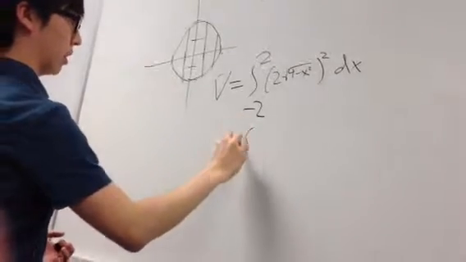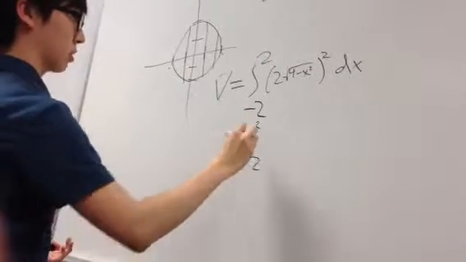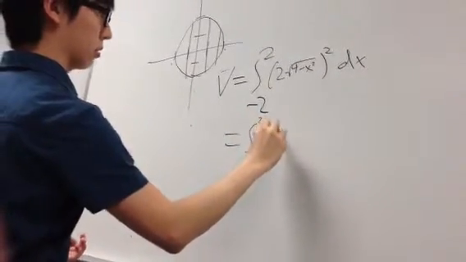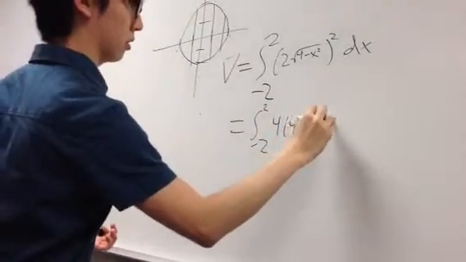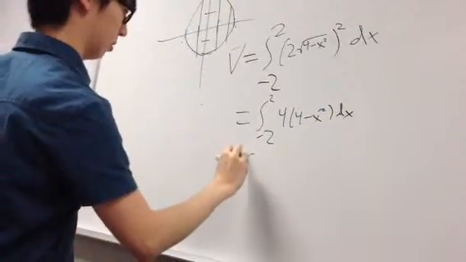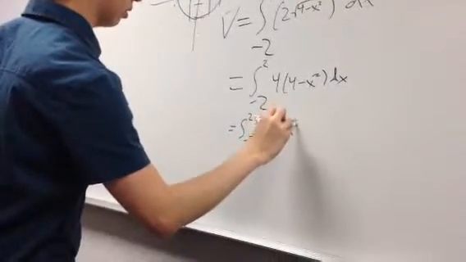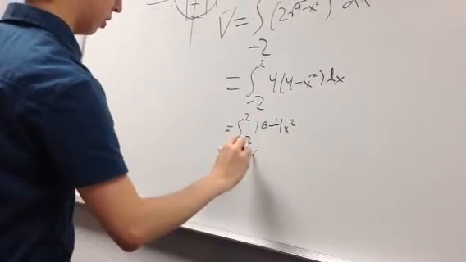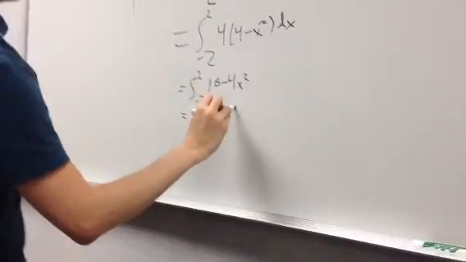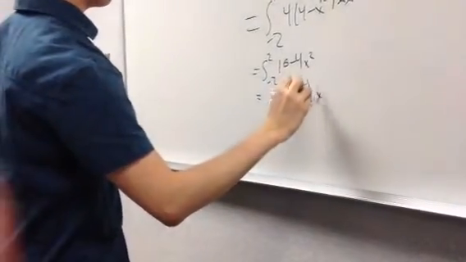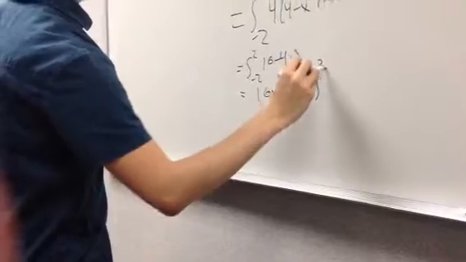So let's just simplify that. This is just basic integration by this point. You have 4 times 4 minus x squared dx, which is equal to 16 minus 4x squared, which integrates to 16x minus 4 over 3 x cubed, evaluated from -2 to 2.